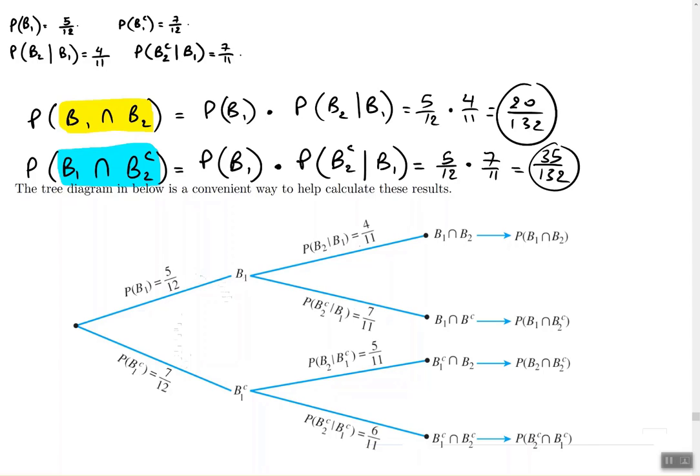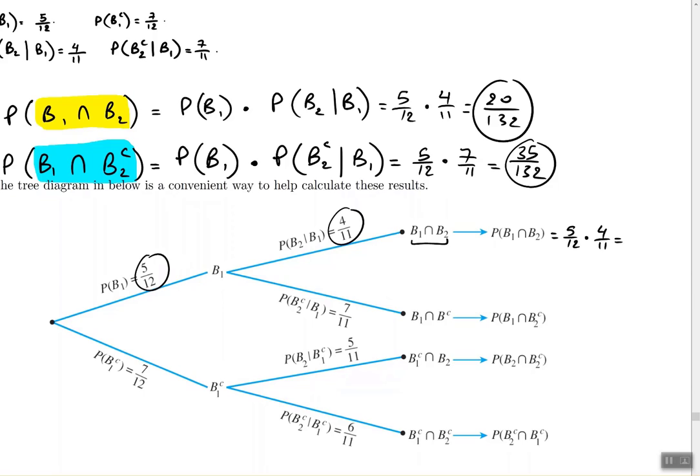And so this is the event of having a red ball on the first try and a red ball on the second try. And we said that the answer is going to be 5 over 12 multiplied by 4 out of 11. So you just grab these numbers and multiply them, and that's how you get the probability. We'll find the decimal version in a second. What about this second version down here?